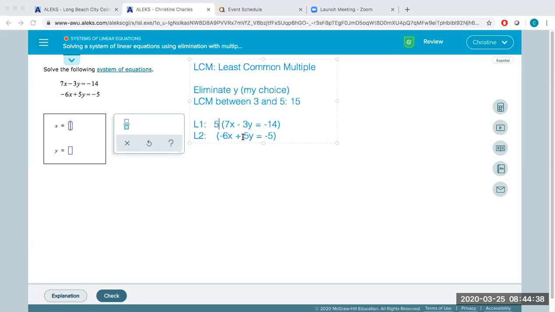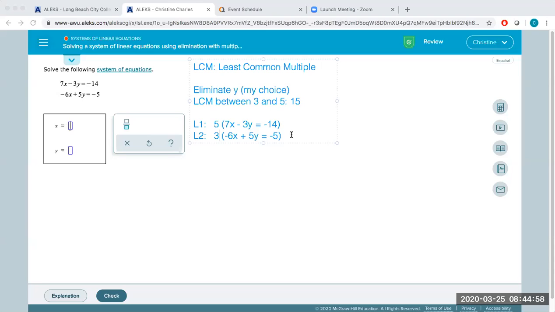Down here for line 2, we have a 5. We want a 15, so we're going to multiply by 3. Same thing, we multiply it to the coefficients for every term in the equation.